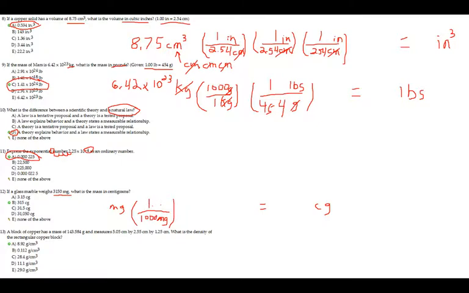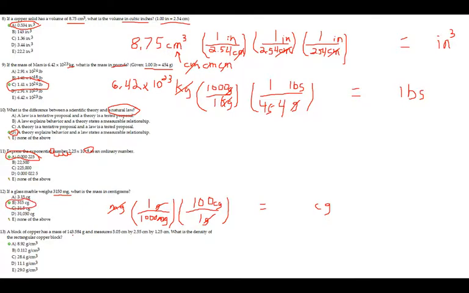There's 1,000 milligrams in 1 gram. And then take that grams and go to centigrams, where there's 100 centigrams in 1 gram. So that's what allows me to get the unit into centigrams. And so taking 3150, multiplying across the top, dividing by the bottom, you should get B here.